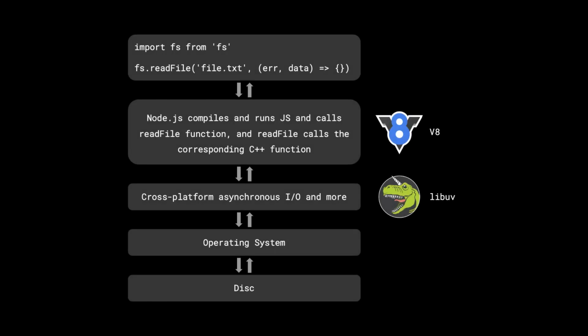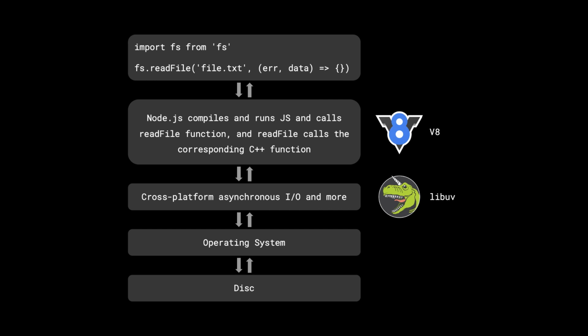Now I would like to explain briefly how Node.js runs our JavaScript code. Here, let's say we wrote a simple JavaScript program that imports the file system module and calls the readFile function to read the file called file.txt, and we expect the result, the content of the file, in this callback.